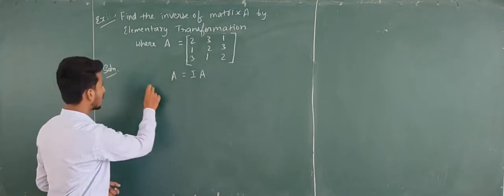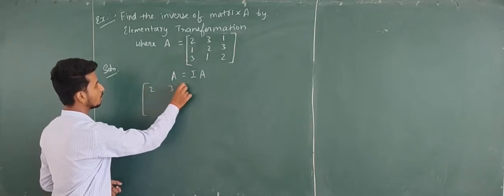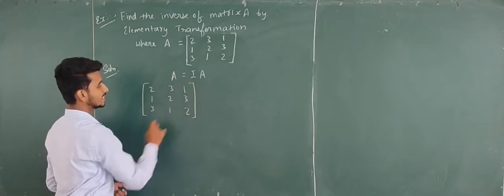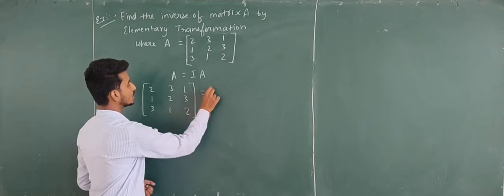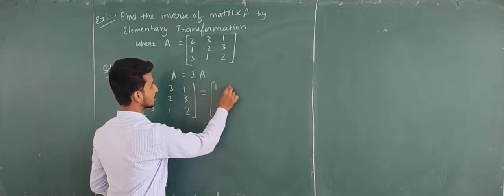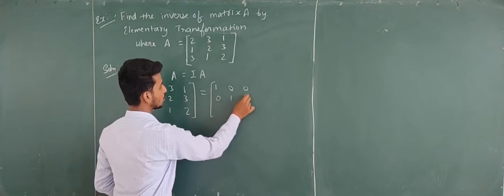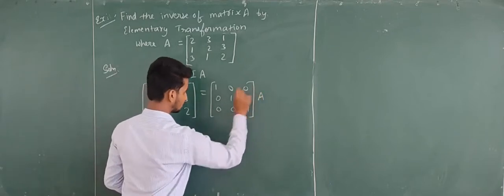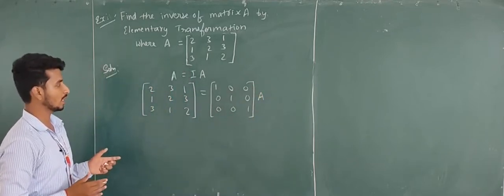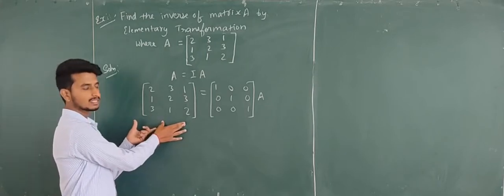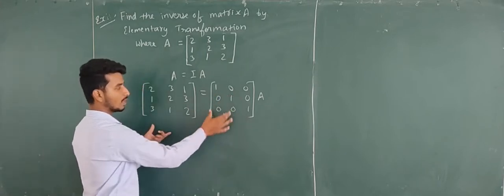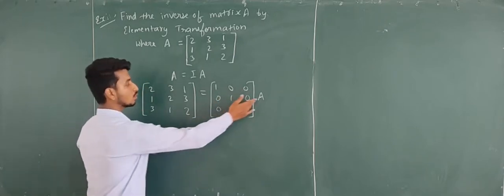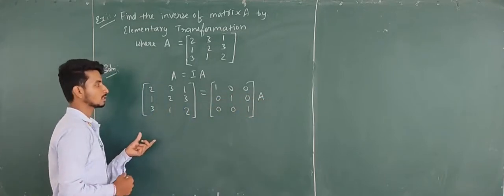This A is nothing but the given matrix, that is [2 3 1; 1 2 3; 3 1 2], which is equal to I, the identity matrix [1 0 0; 0 1 0; 0 0 1], into A. What we have to do here is make this matrix an identity matrix by elementary transformations, and the matrix we get on the other side will be A inverse.